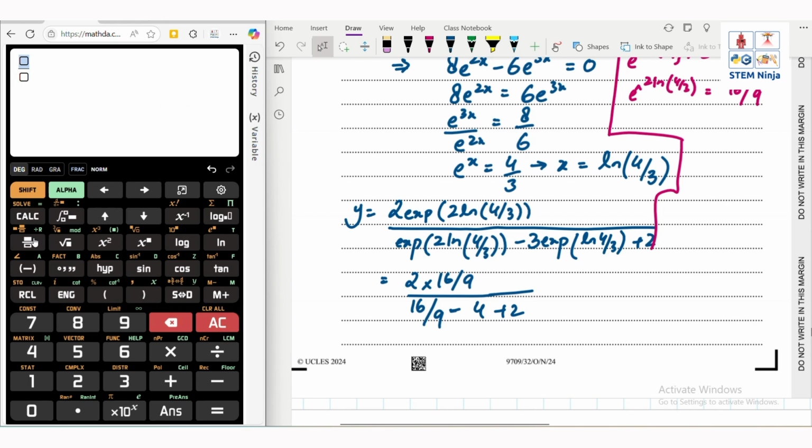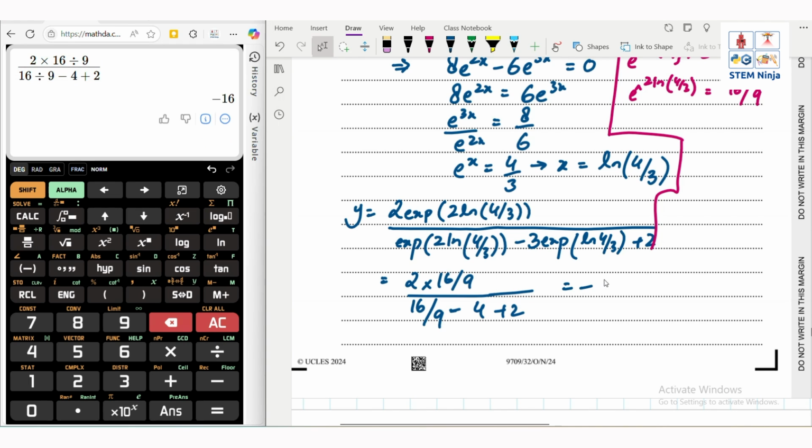So 2 times 16 divided by 9, 16 divided by 9 minus 4 plus 2, you get minus 16. So the coordinate is x equal to ln 4/3, y equal to minus 16.